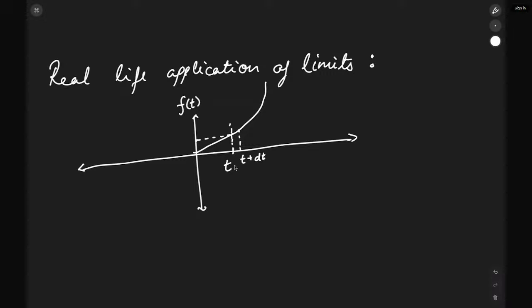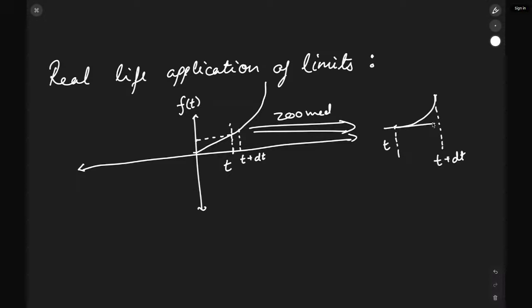So basically, if I zoom in over here, it is like this. This was your point of t, and this was your point of t plus dt.